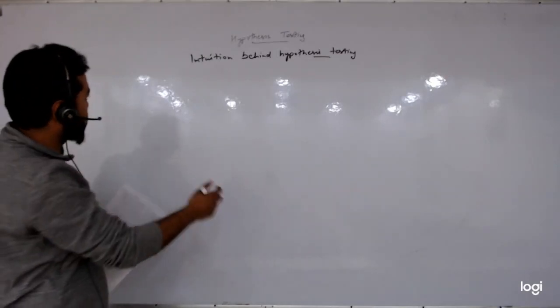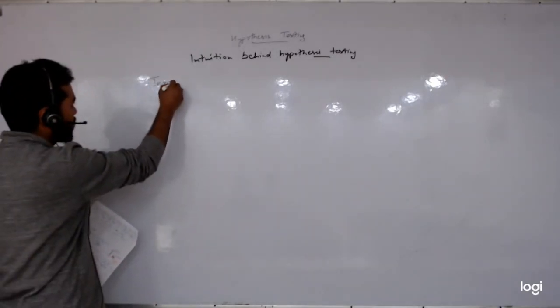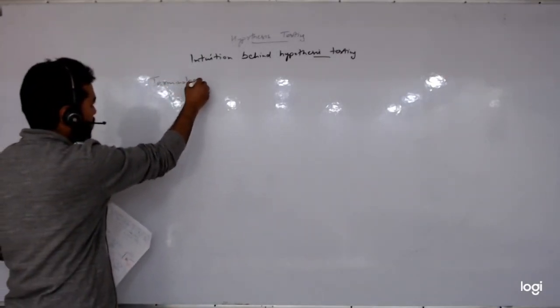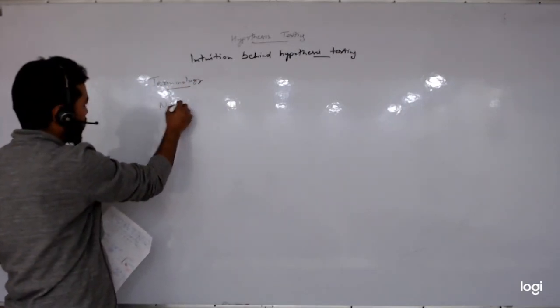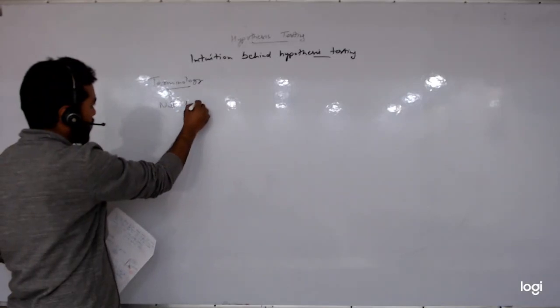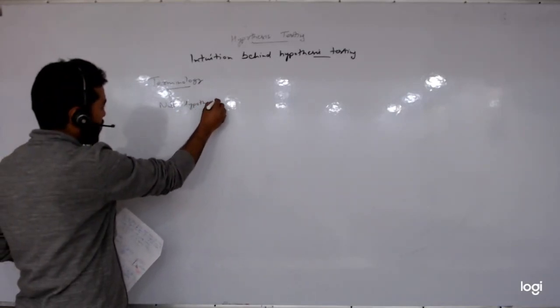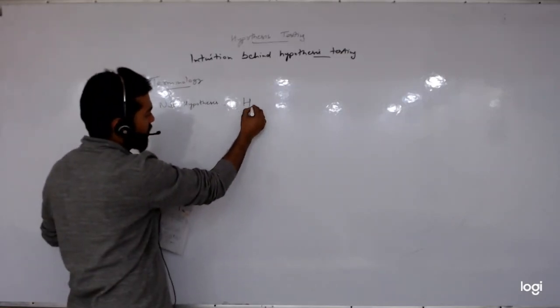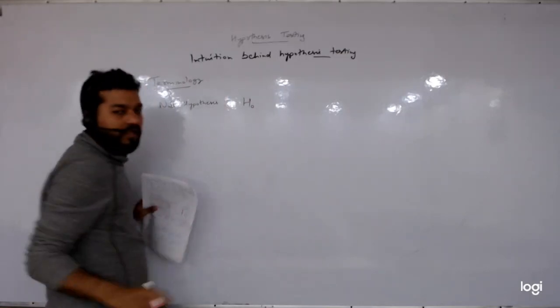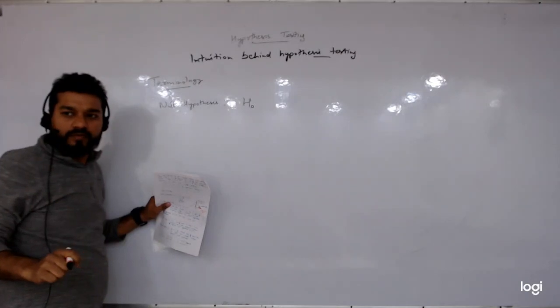Okay, so terminology. We have the null hypothesis, denoted as capital H with a subscript 0.